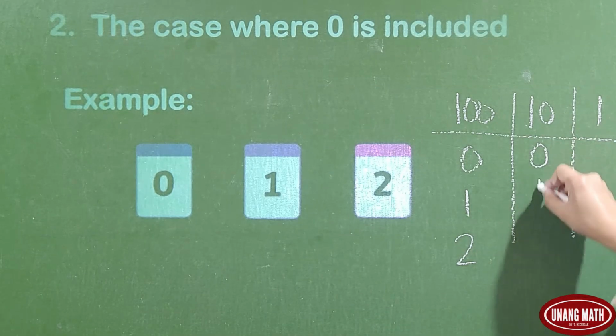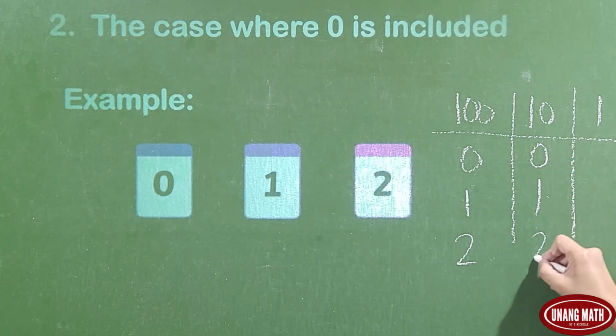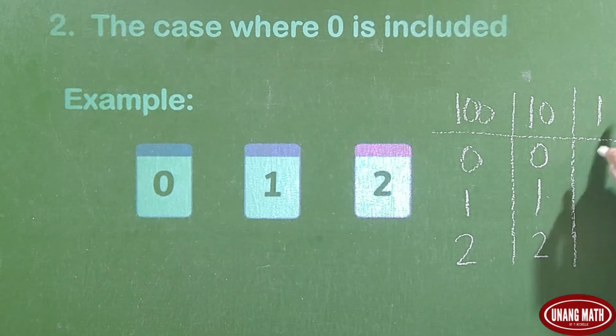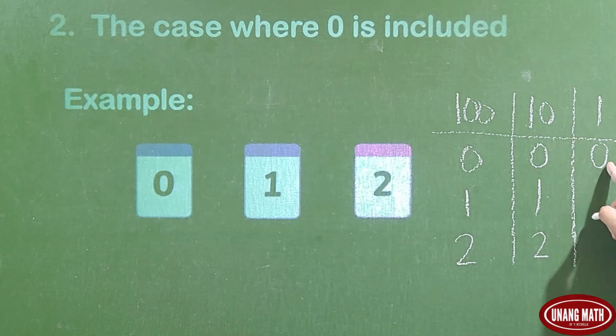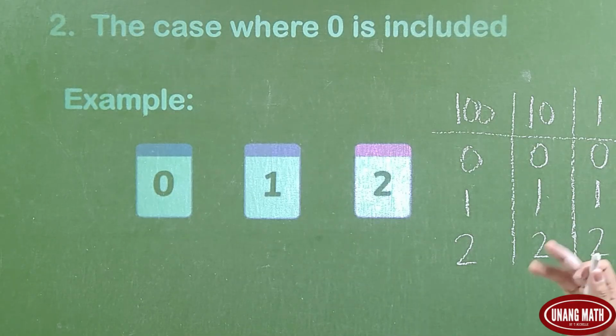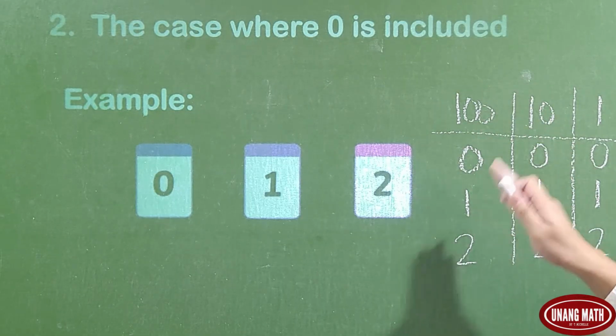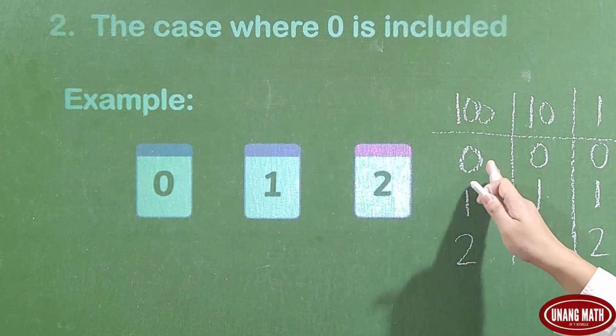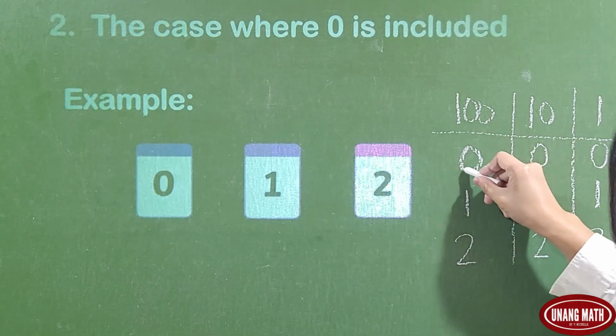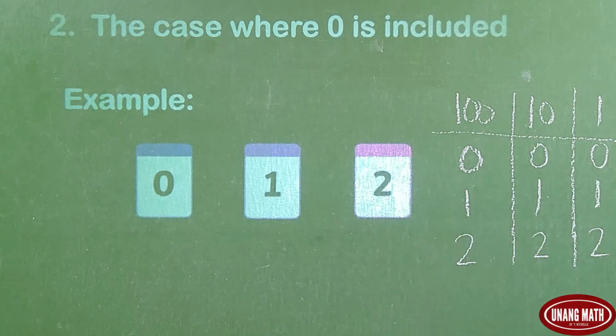We can also use 0, 1, or 2. In the ones place, also 0, 1, or 2. But since we are creating a 3-digit number, 0 in the hundreds place cannot be used, because if we use 0 in the hundreds place, then it would not be a 3-digit number anymore.